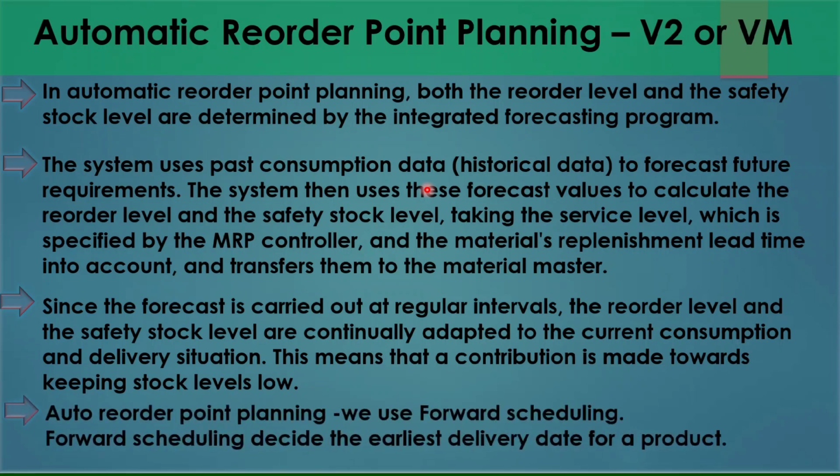Then this automatic reorder point planning, or MRP type V2 or VM, depends on forward scheduling. Forward scheduling decides how we can deliver a product or goods as early as possible. With this type we can decide the earliest delivery date for any product.